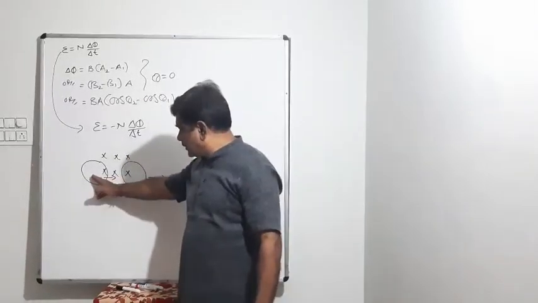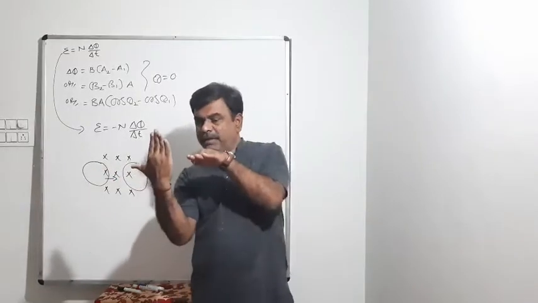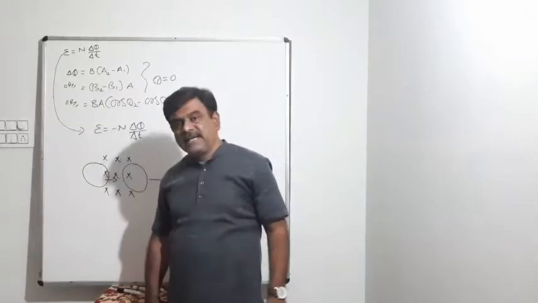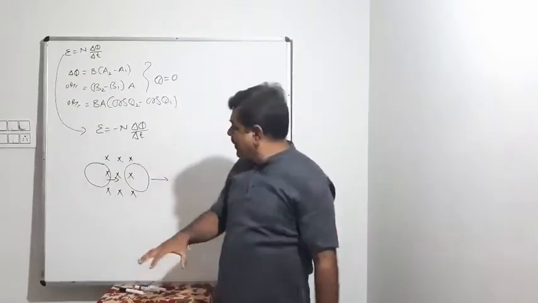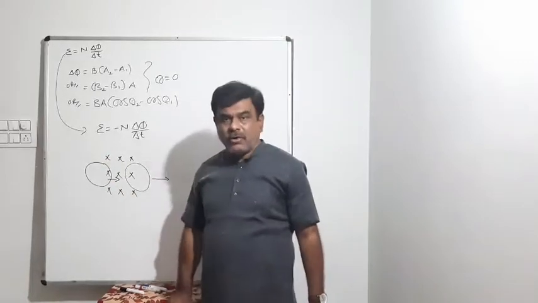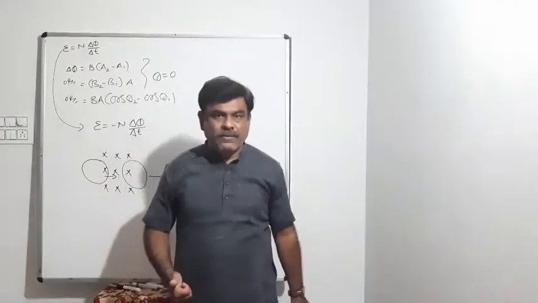Like in the first situation, when the coil is entering the field, what happened? Inward flux is increasing, so current should be induced inside the coil in such a way that it compensates the increment in inward flux.